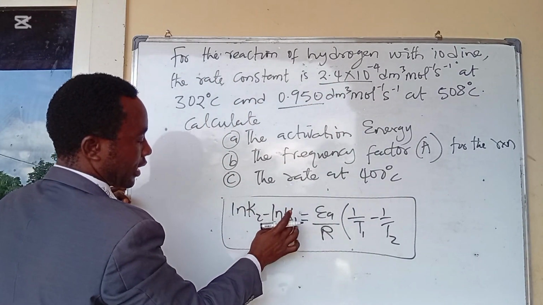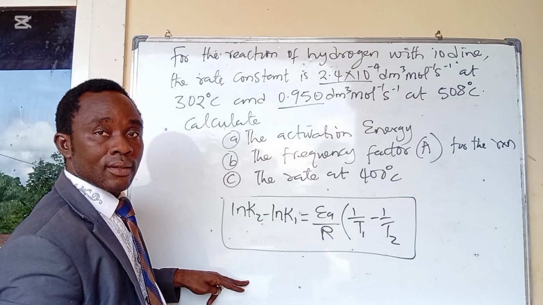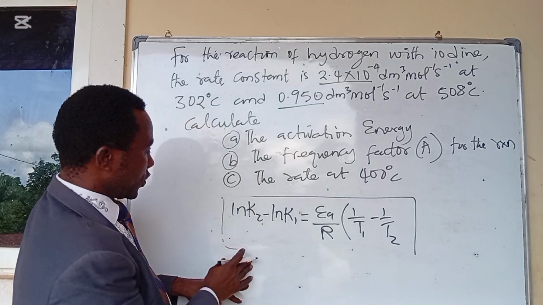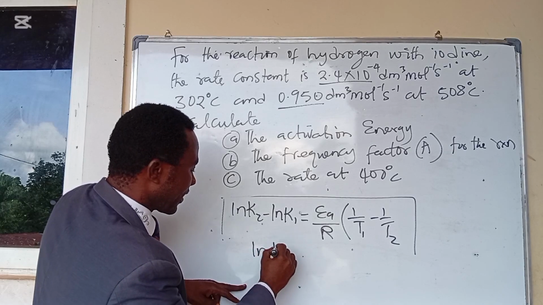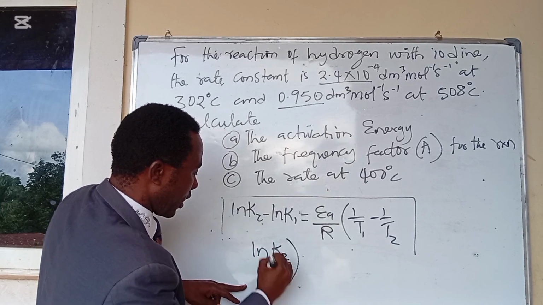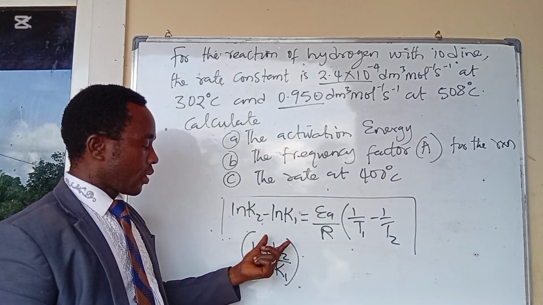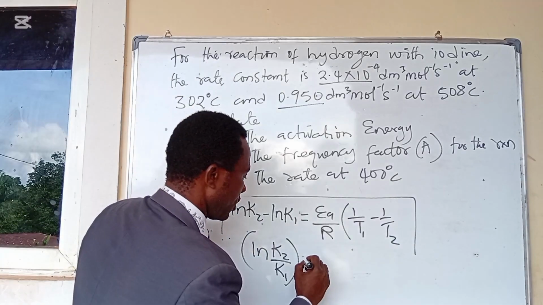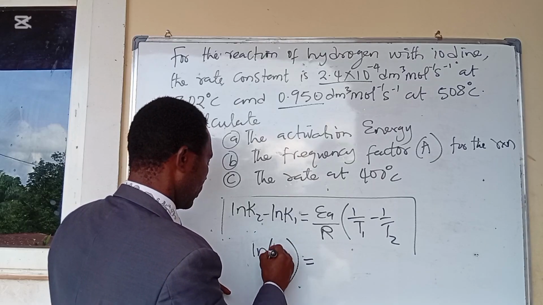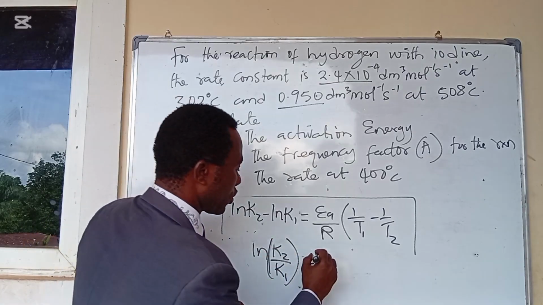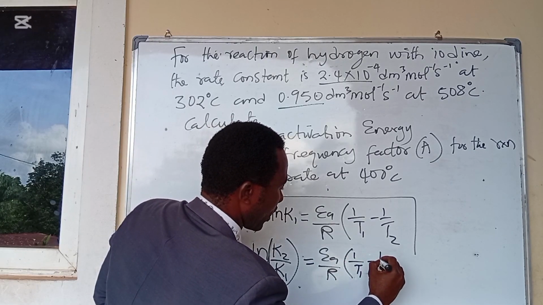If you look at this very well, you see that ln K2 minus ln K1 is actually ln K2 divided by K1, because in logarithm, division goes to subtraction. So ln K2 over K1 is equal to EA over R into 1 over T1 minus 1 over T2.